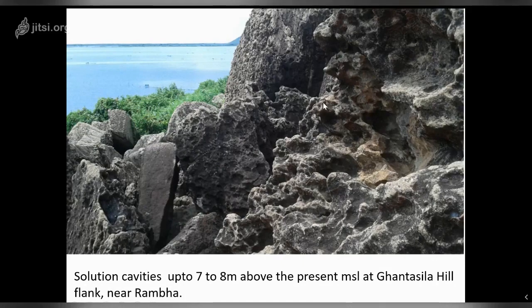Above that, you don't find such solution features. This solution feature has been caused by a rise of sea level up to at least 8 meters. This hill is known as Ghantasila Hill.